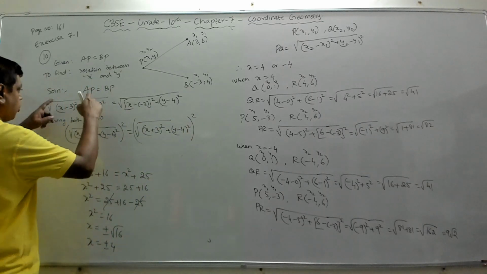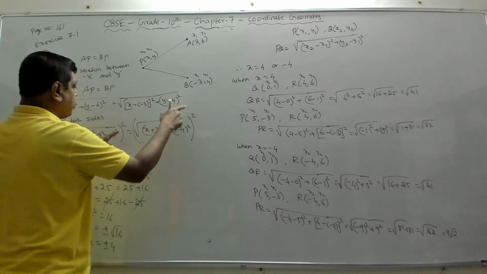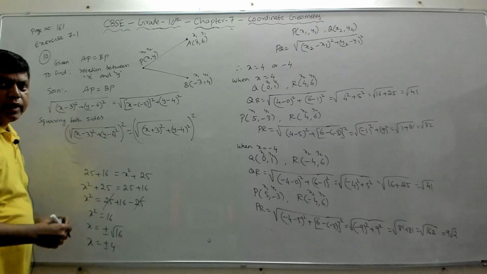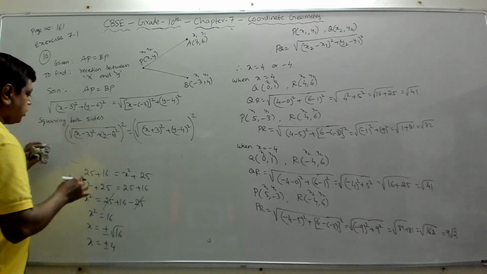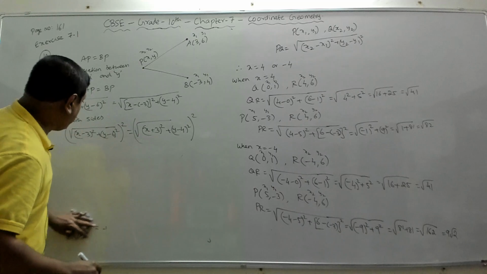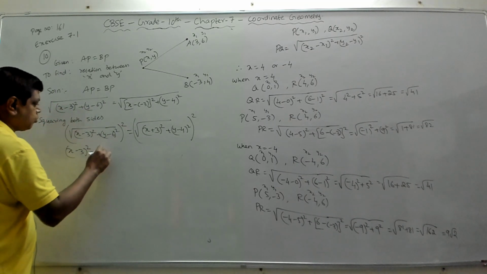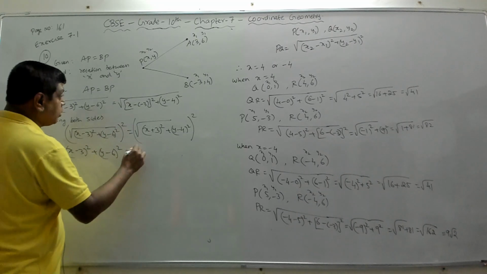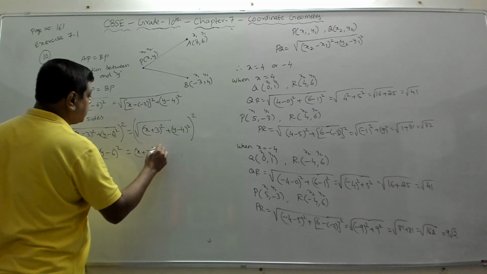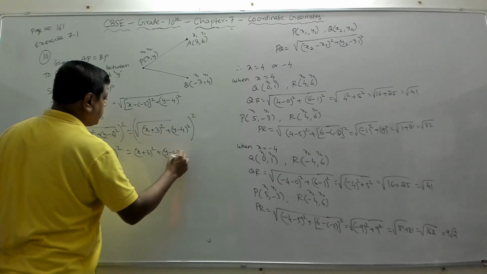We are squaring this whole thing and this whole thing, so that the square root and the square get cancelled. Right? So we get it without the square root. Now we write without the square: (x minus 3) the whole square plus (y minus 6) the whole square equal to (x plus 3) the whole square plus (y minus 4) the whole square.